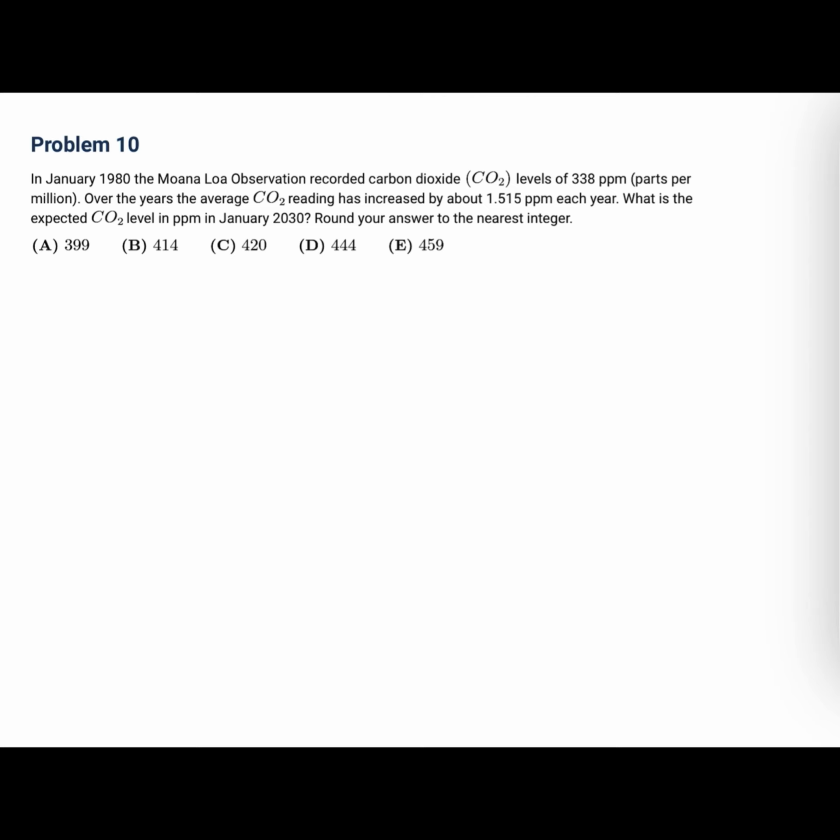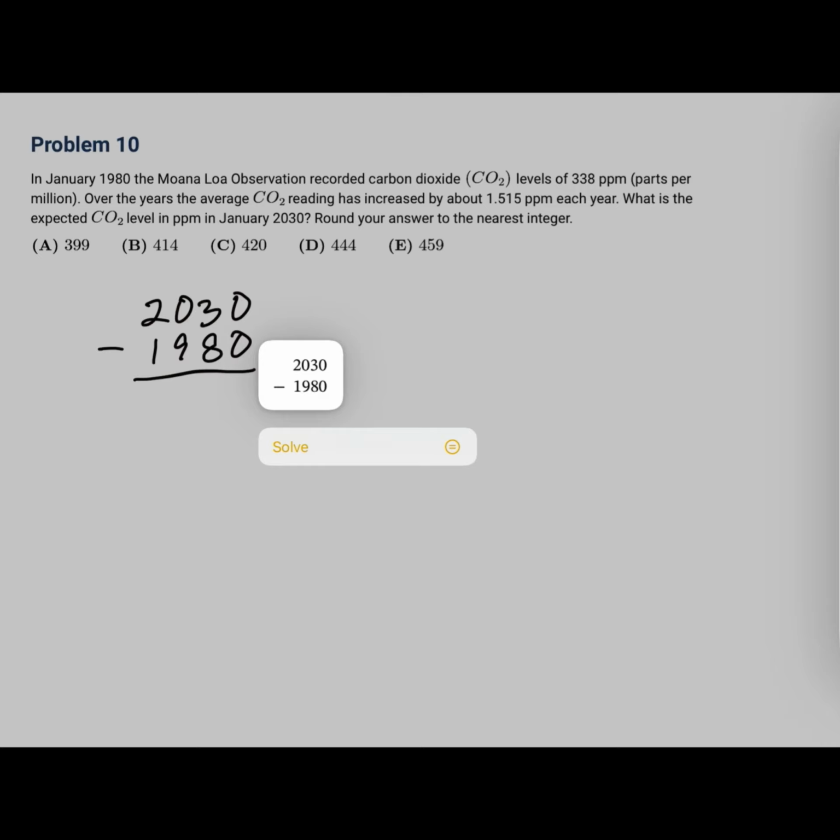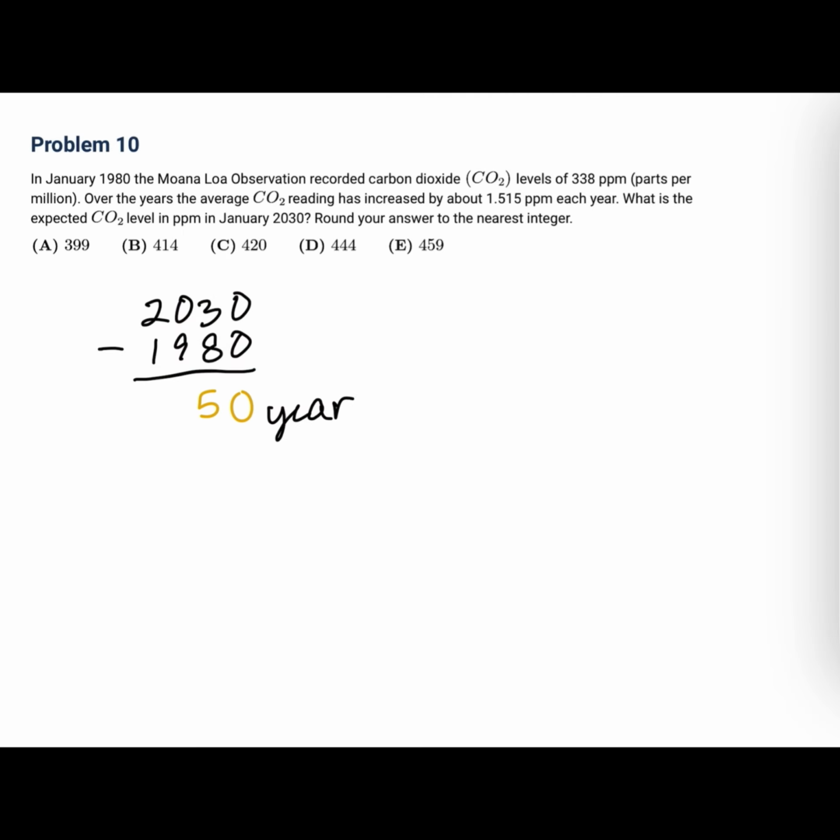In order to solve this problem, all we have to do is find the number of years between 1980 and 2030, multiply it by 1.515 because that's how much it increases every year, and add it to 338. Let's go ahead and find the difference between 2030 and 1980. That difference is going to be 50 years. 50 years times 1.515, which is how much it increases every year, gives us 75.75.